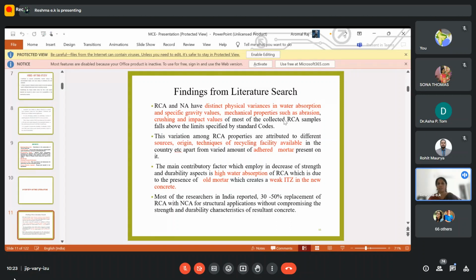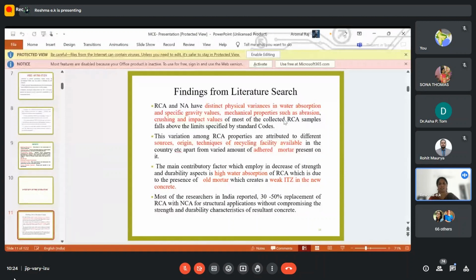And we cannot quantify. There is a lot of research which quantifies the percentage of mortar, the quantity of the mortar. In actual practice, it is difficult to quantify the adhered mortar or residual mortar which is present in each aggregate.